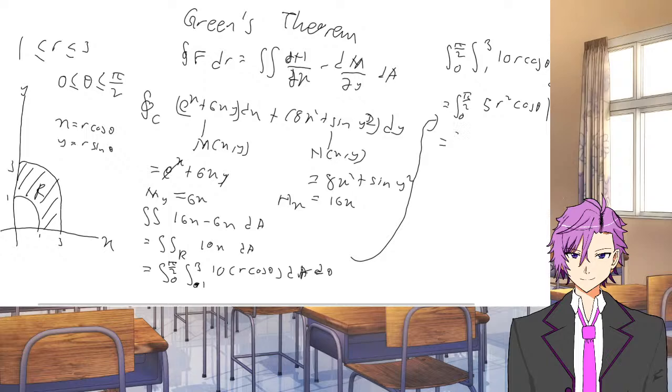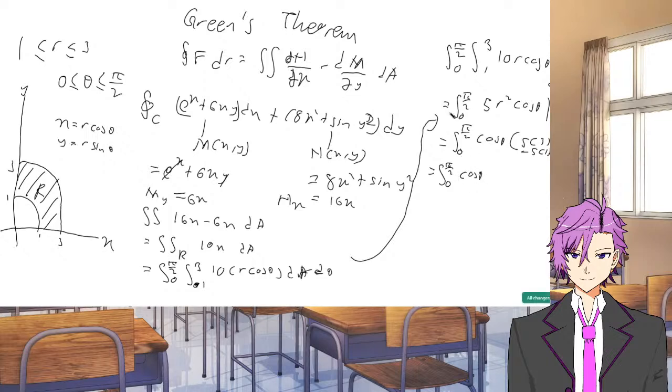Sorry about that. 0 to pi over 2. So we'll leave the cos theta aside. So this would be 5 times 3 squared minus 5 times 1, d theta. We're just using whatever space we have right now. So sorry about that. So 0 to pi over 2, cosine theta.